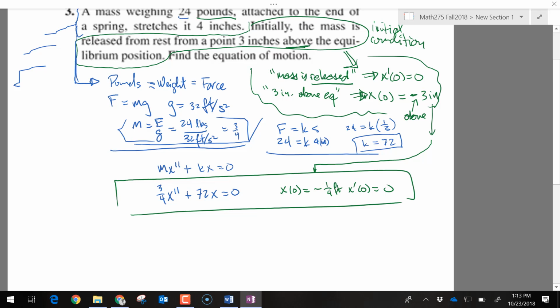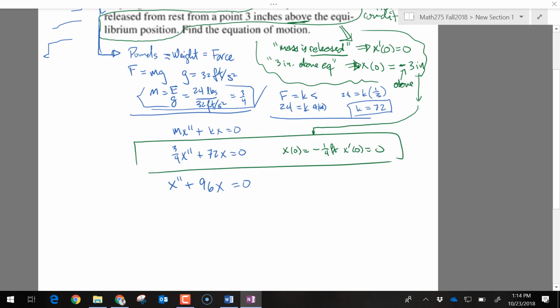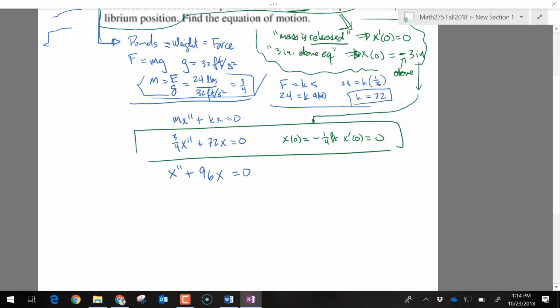All right. So now let's go ahead and solve for this. Probably want to divide out by 3/4. So we have x double prime plus 72 divided by 3, that's 24, and then multiplied by 4, 96, x equals 0.